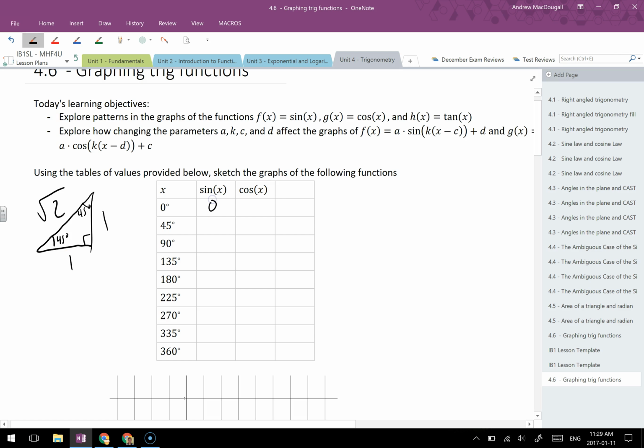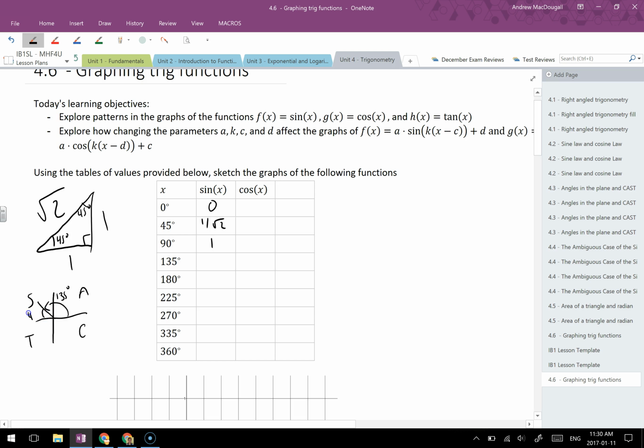Sine 0 is 0. From this triangle, we see that the sine of 45 is 1 over root 2. Sine of 90 is 1. You need to remember that from your unit circle. 135, well, that's just 45 degrees in the second quadrant.